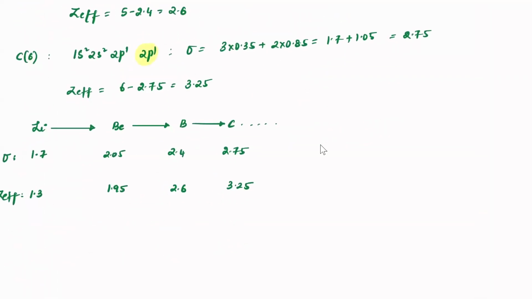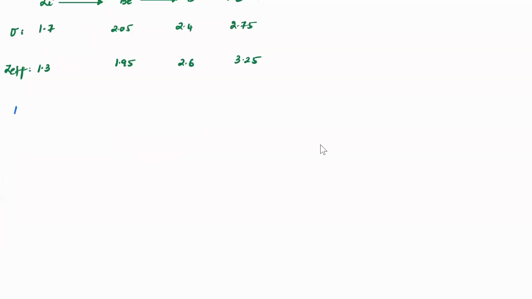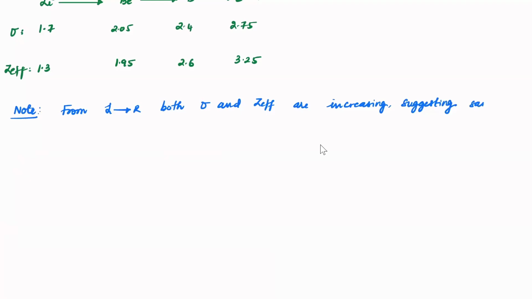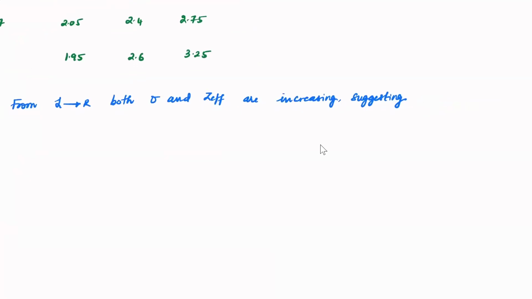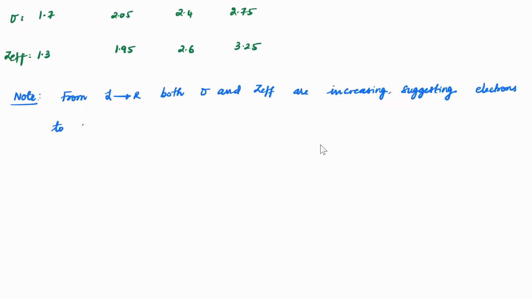Got it? So this is the next note we need to understand. From left to right, both sigma and Z effective are increasing, suggesting electrons added to the same shell.